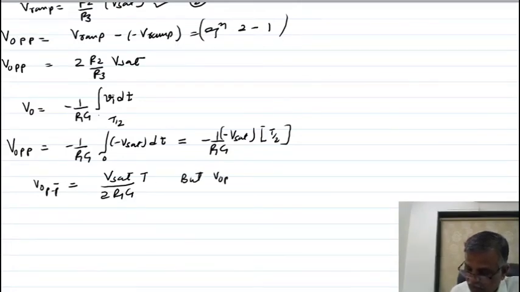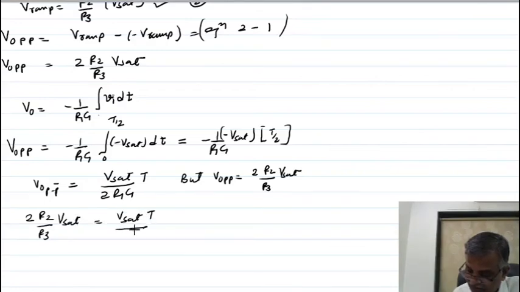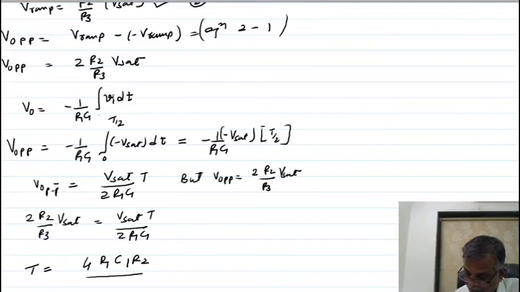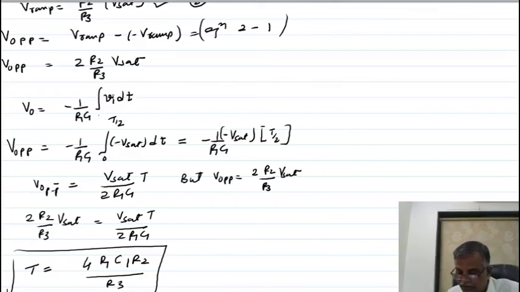I write 2R2 by R3 into V set is equal to V set into T upon 2R1 C1. So periodic time is given by 4R1 C1 into R2 upon R3. So the periodic time of a triangle wave can be written as 4R1 C1 R2 upon R3.